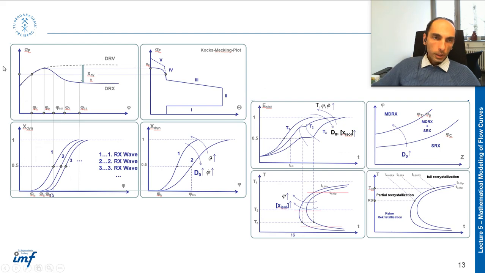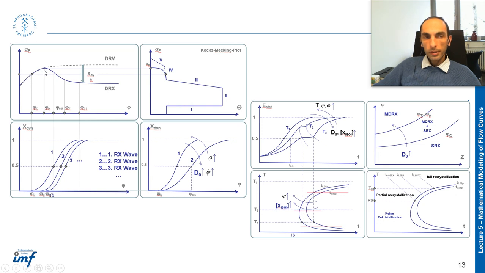So okay, here the graphs are talking about the effect of dynamic recrystallization. We talked about it, and some important terminology is given here. For example, this is the critical strain for dynamic recrystallization. Above this critical strain, dynamic recrystallization starts. Note that this is not located on the peak.